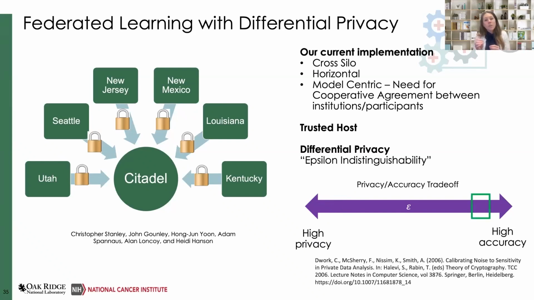Or you can inject a small amount of noise and keep high accuracy, but potentially reduce your privacy. What's unknown in our world is what this privacy accuracy trade-off looks like when you're dealing with institutions that do not have evenly distributed data. Different types of institutions will have different types of text outcomes.